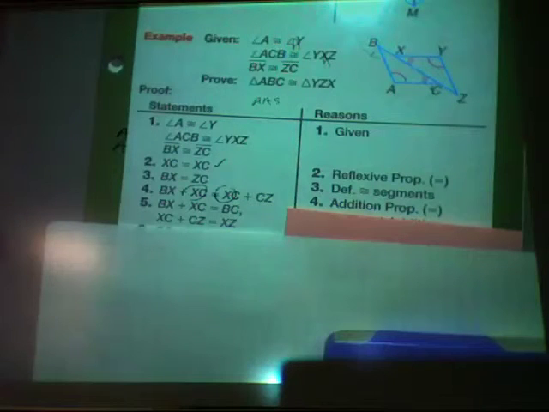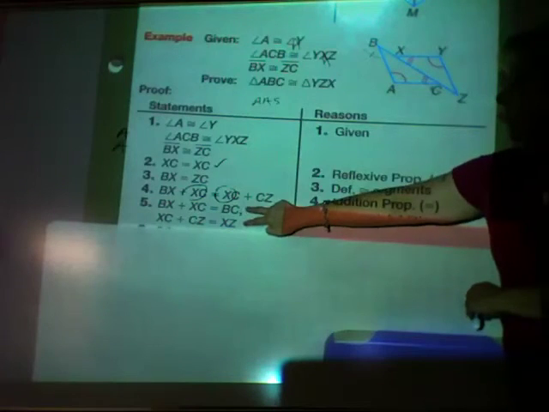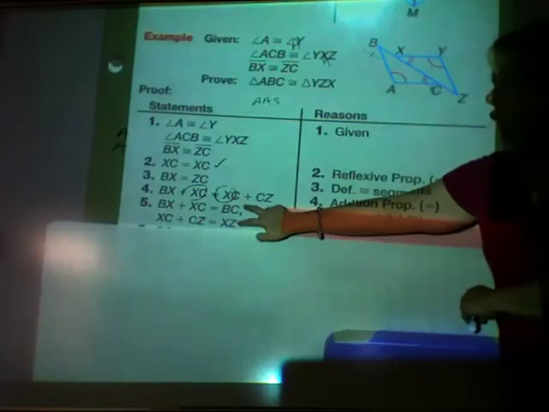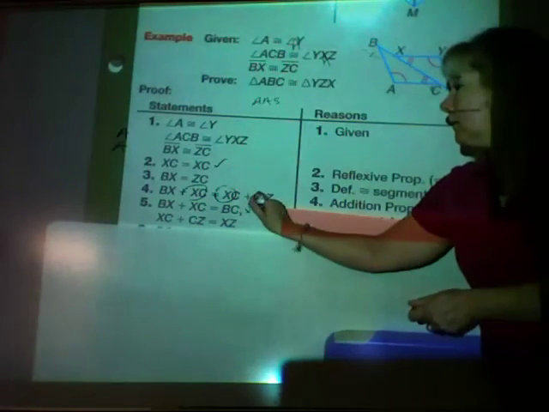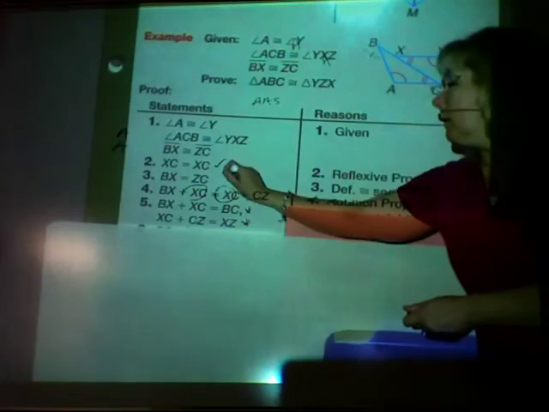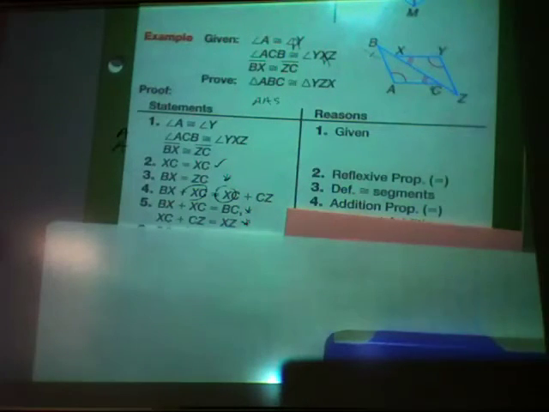So that's the difference between 4 and 5. Why do you think they did that? What do you know about BC and XZ? What do you know about BC and XC? Yeah, right here and right here. Aren't they congruent to each other?